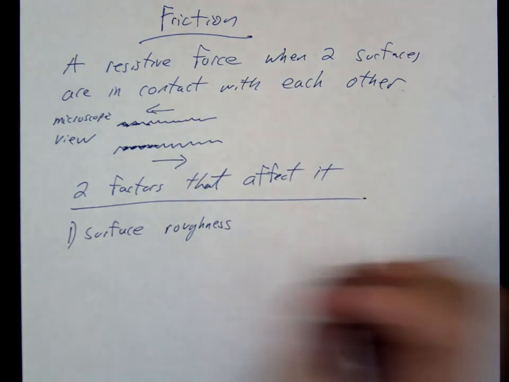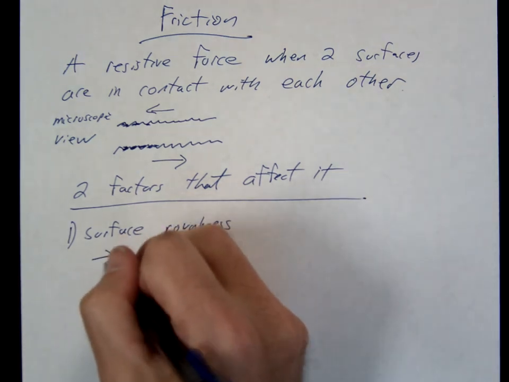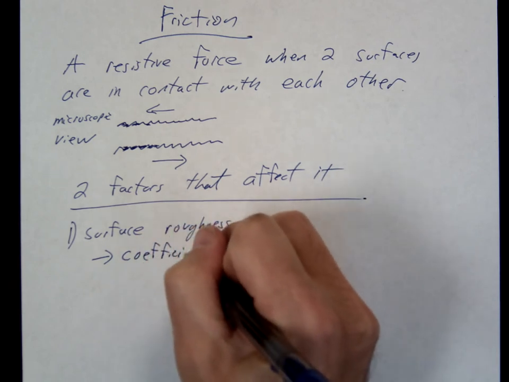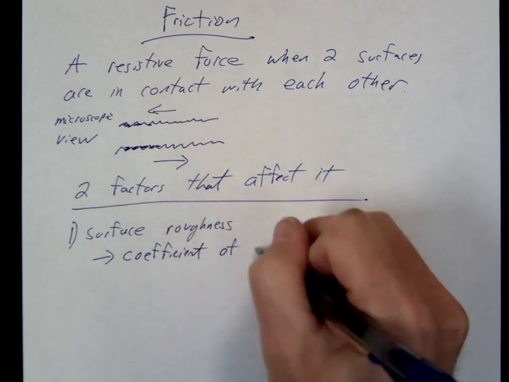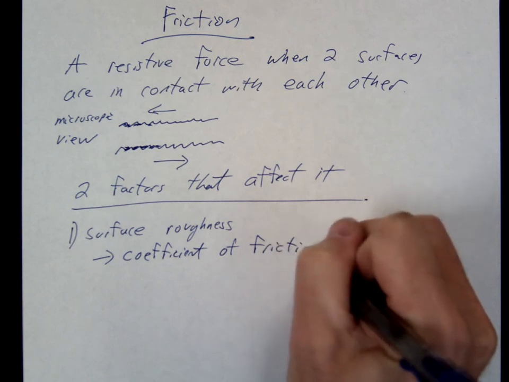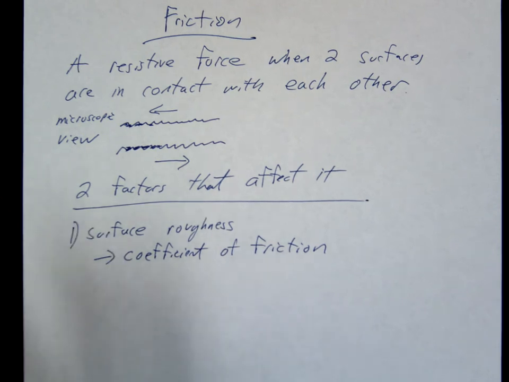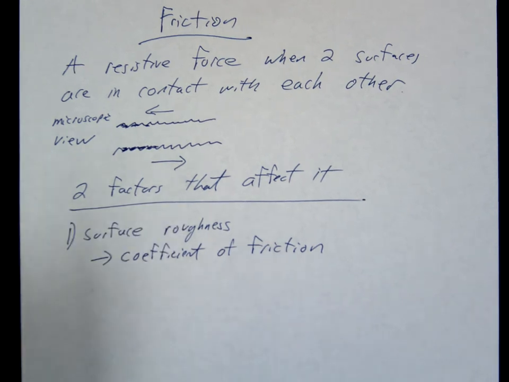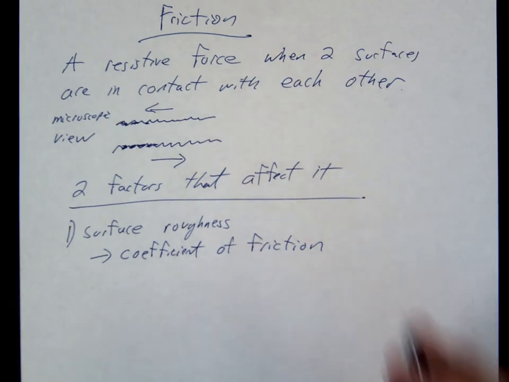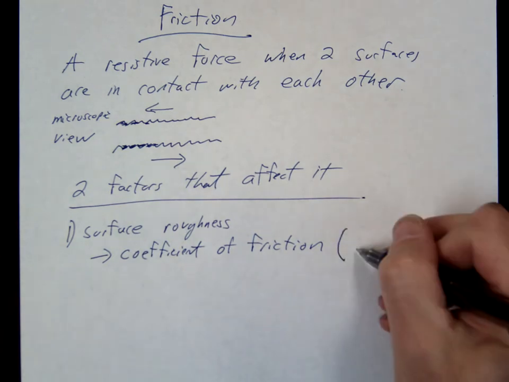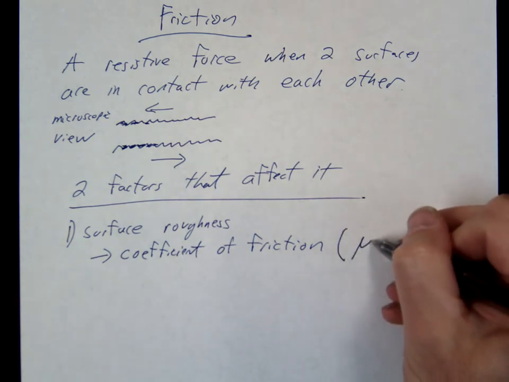That's important. The way we characterize the surface roughness is something we call the coefficient of friction. Basically, this is just a measurement of the roughness. So the more rough a surface, the larger the coefficient will be. The smoother, the smaller. The symbol we use for this is a Greek letter. Looks like this.